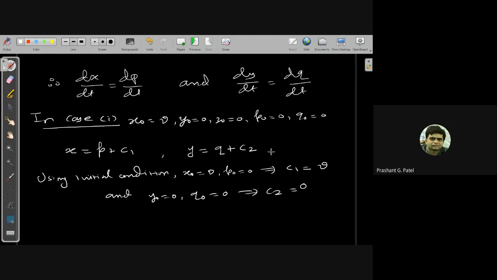So therefore, we have X is equal to V plus P and Y equal to Q.